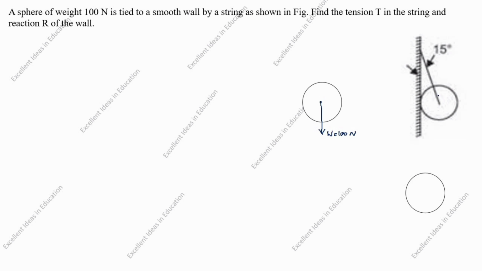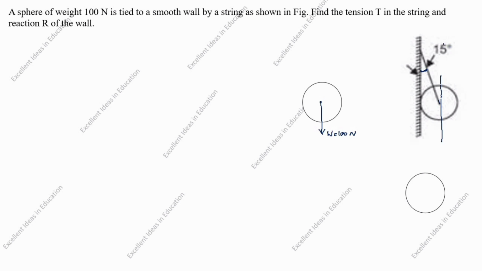Next, you see here this sphere is connected to the string and the angle is given as 15 degree. This is the parallel line. So I will draw the parallel line to the center of the sphere.